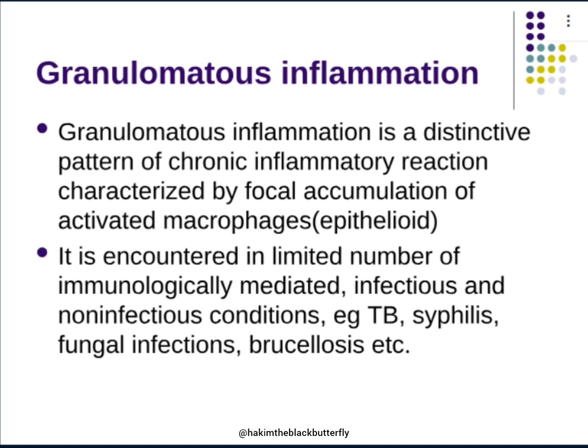Formation of new blood vessels, what we call angiogenesis, in combination with presence of chronic inflammatory cells is what we call a granulation tissue. So granulation tissue means a combination of new blood vessels with chronic inflammatory cells.